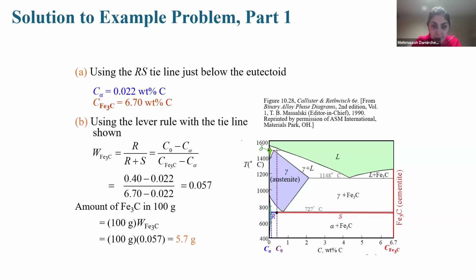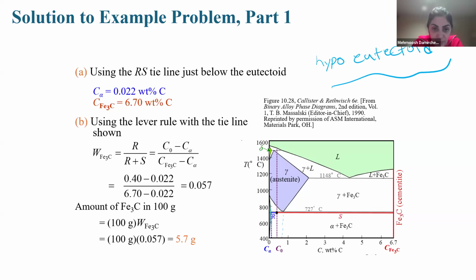Look here. This composition, the dashed line, is exactly less than the eutectoid composition, so we are in hypoeutectoid.